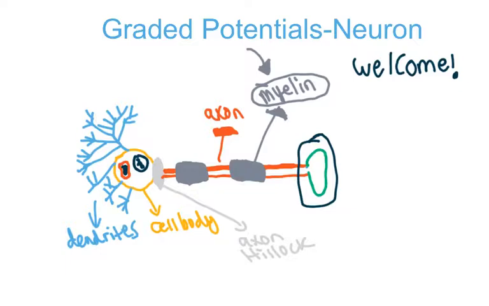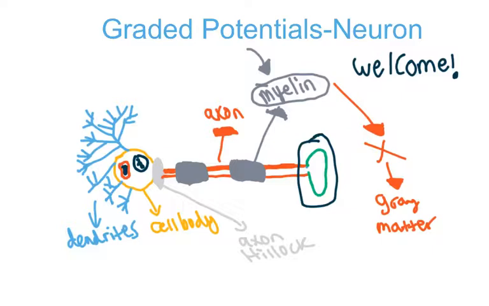But just know myelin is there on some axons, and usually people refer to myelinated axons as white matter. If there's no myelin, we refer to that as gray matter. So if there's no myelin on a group of axons, it's gray matter.